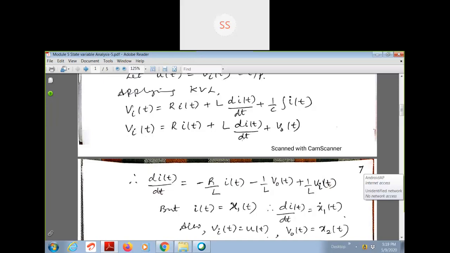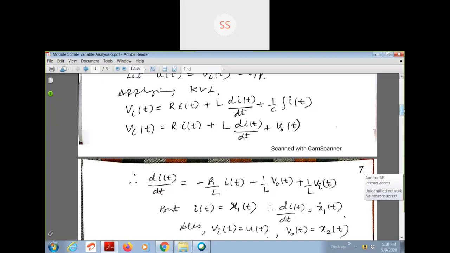So we have simply rearranged the above equation so that we get d by dt of i of t, which is nothing but the rate of change of the first state variable, on the LHS and all remaining terms on the RHS.